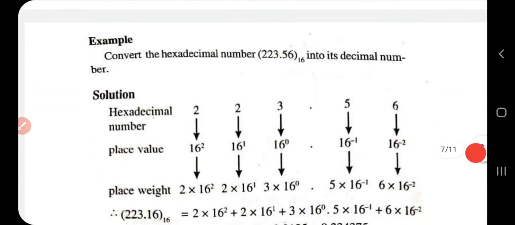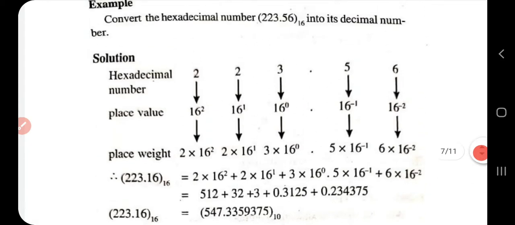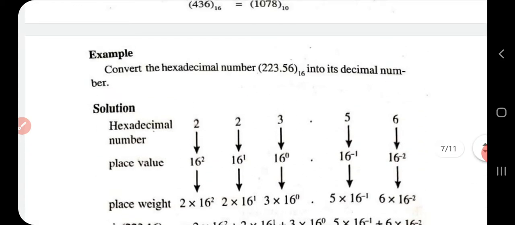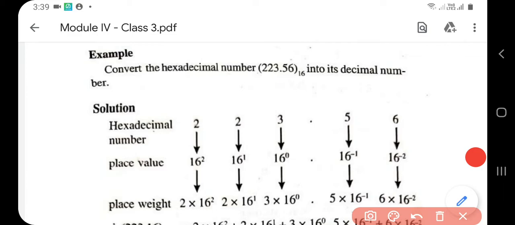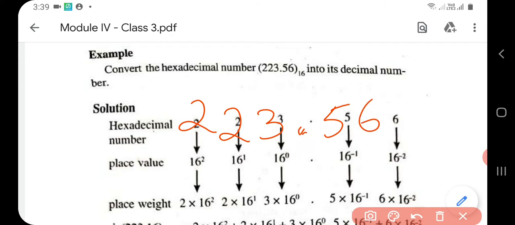That's the only difference. Now you are given a number with both an integer part and a fractional part, 2 3.5 6. First of all, to convert, you put the place values. Starting from the decimal point, for the integer digits you write 0, 1, 2, and for the digits 5 and 6 you put the place values -1, -2.